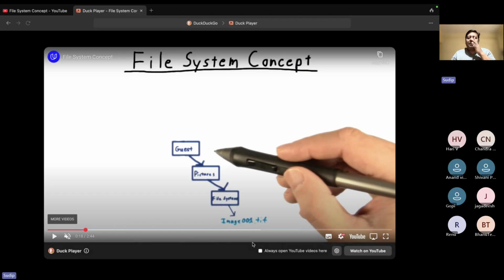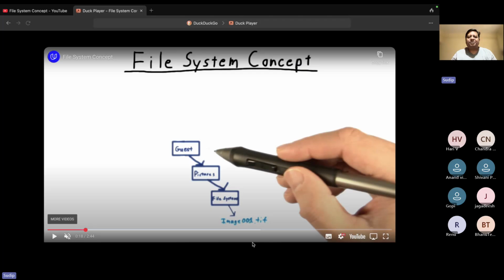Who knows where what is written? Yesterday we understood, right? When we go to earlier days when there were no computers, how bank records of our accounts were being stored in the form of ledgers. Each ledger is like a file, right? And only the people who are maintaining the index of all the ledgers will know exactly where which ledger is placed, which file is placed, and where to read from and which file to write into, right?